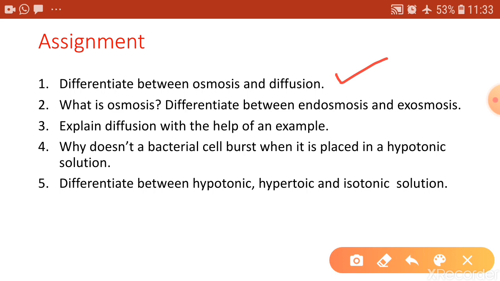The next question is: what is osmosis, and differentiate between endosmosis and exosmosis. Third is: explain diffusion with the help of an example. Next is: why doesn't a bacterial cell burst when it is placed in a hypotonic solution. And last, differentiate between hypotonic, hypertonic and isotonic solution.